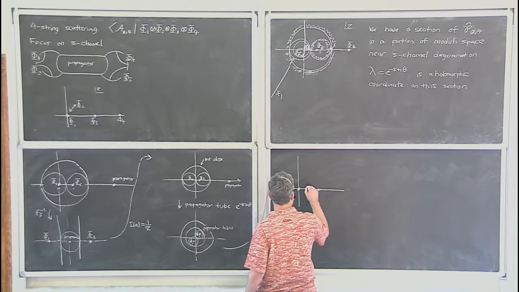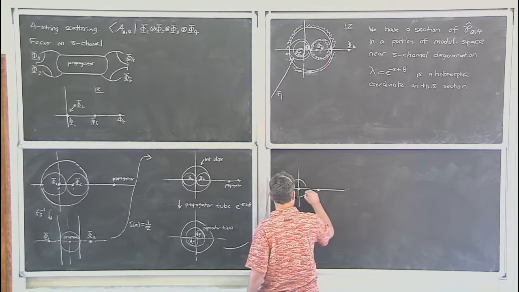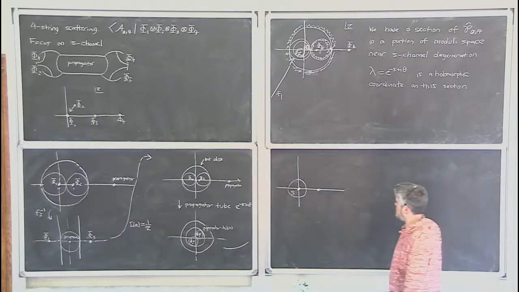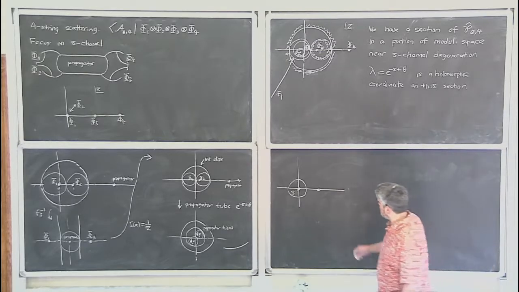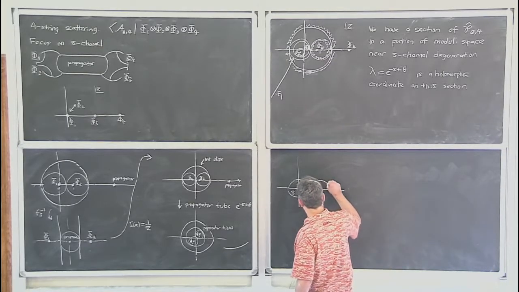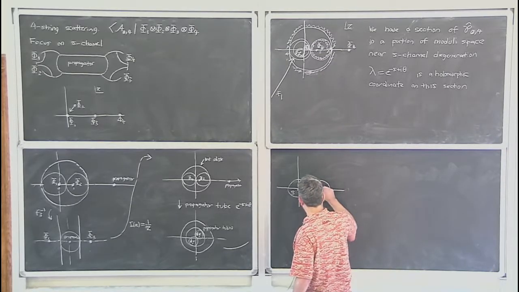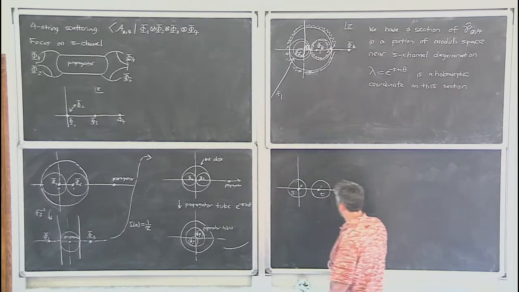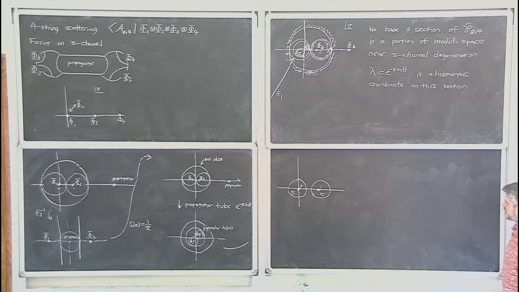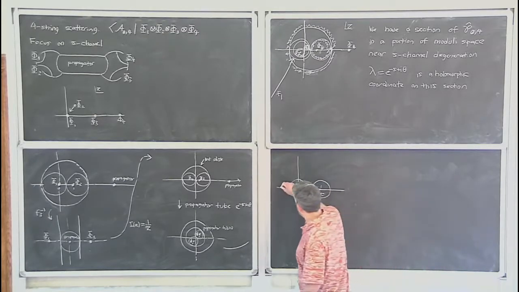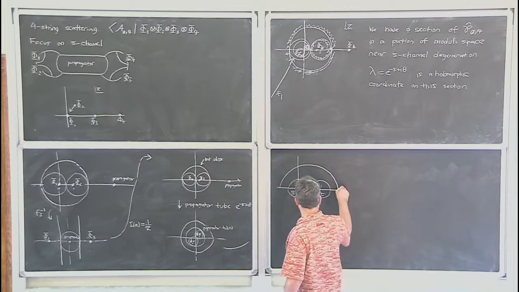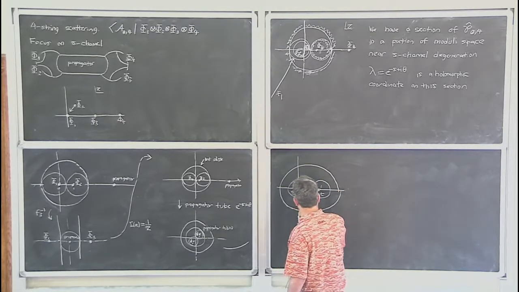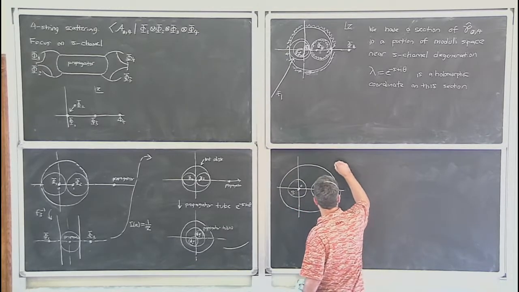So you have the portion around 0, which we've explained already, was covered by the S-channel. There's a portion around 1, which will be covered by the T-channel diagram. And there's a portion around infinity, which is covered by the U-channel diagram.